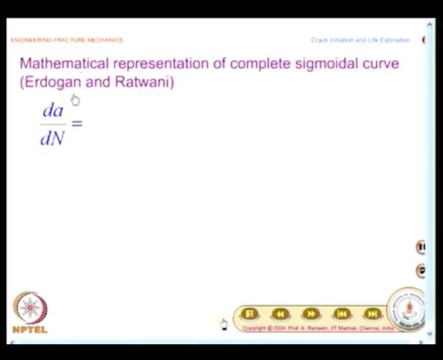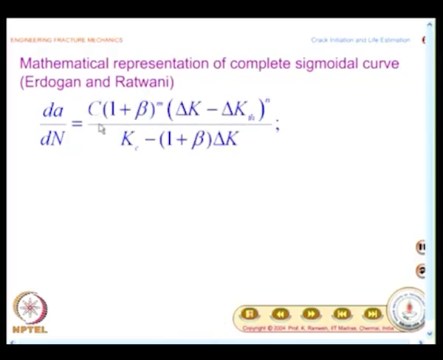This is by Erdogan and Ratwani, and they have given dA by dN as capital C into (1 plus beta) whole power m multiplied by (delta K minus delta K threshold) whole power n divided by Kc minus (1 plus beta) multiplied by delta K.